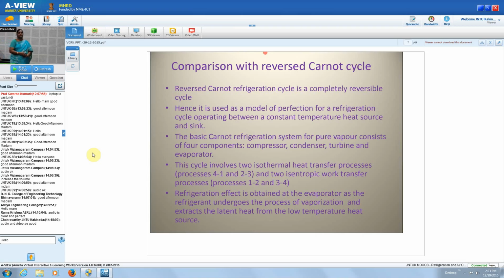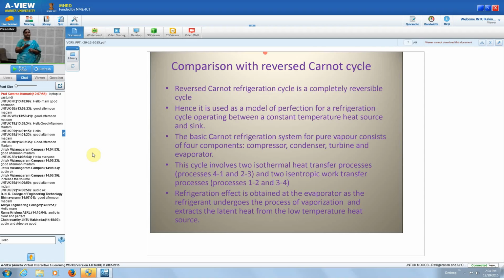We have already seen the reversed Carnot cycle. Let us see the comparison between the vapor compression cycle and the reversed Carnot cycle. In the reversed Carnot cycle, we assumed all the processes are completely reversible, so the COP of the reversed Carnot cycle is maximum. The reversed Carnot refrigeration system requires four components: compressor, condenser, turbine and the evaporator.